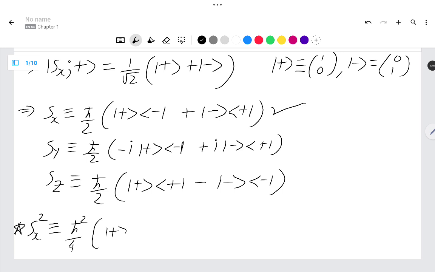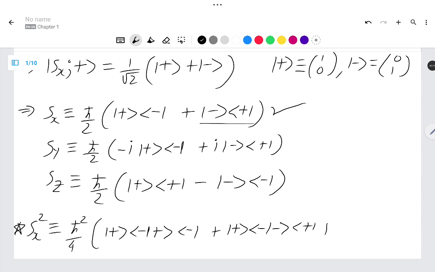So there is plus minus multiplied with plus minus, and then again plus minus multiplied with this minus plus, right?